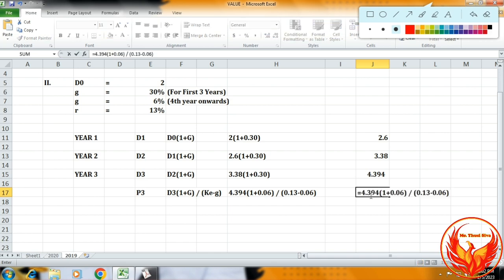So the answer for P3, the stock value in the third year, is ₹66.54.